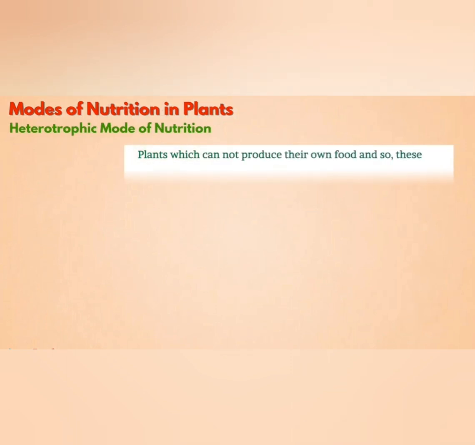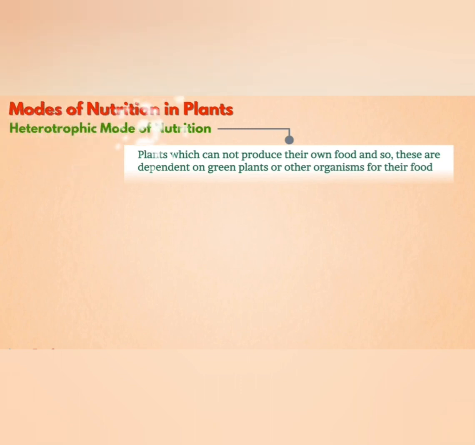Now let's come to the heterotrophic mode of nutrition. Now children, plants which cannot produce their own food are dependent on green plants or other organisms for their food. So such plants are called heterotrophs, and the mode of nutrition is known as heterotrophic mode of nutrition.